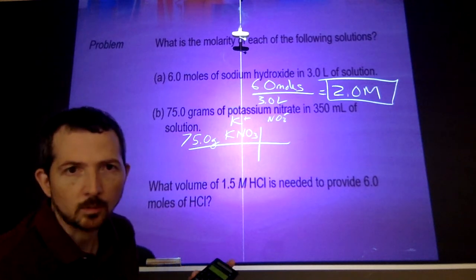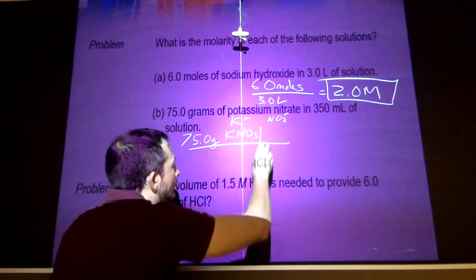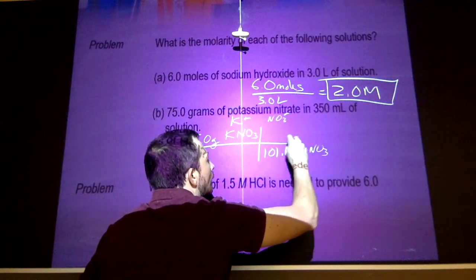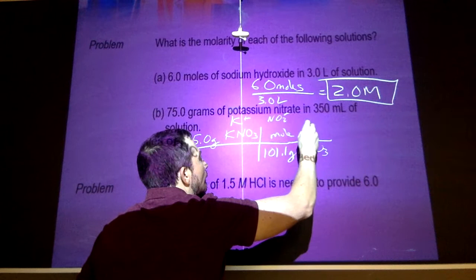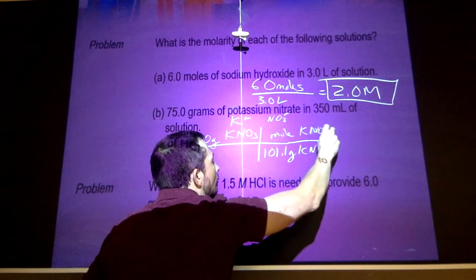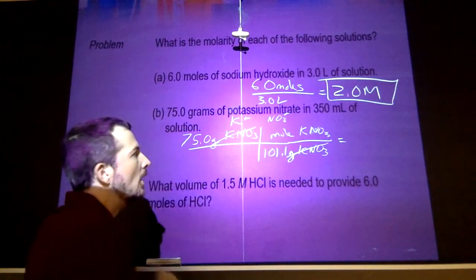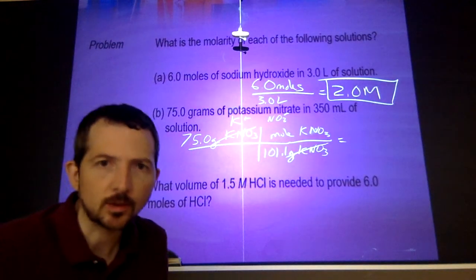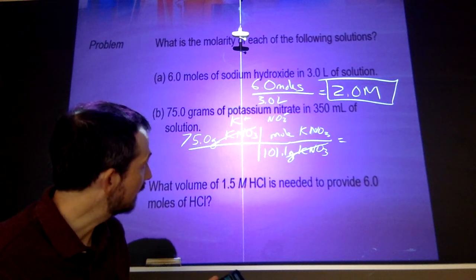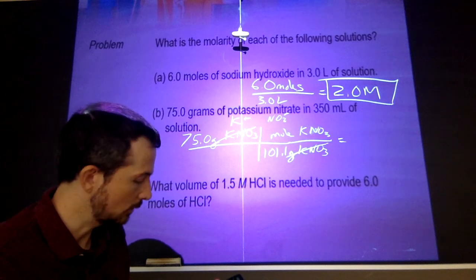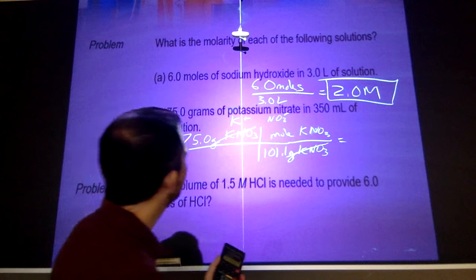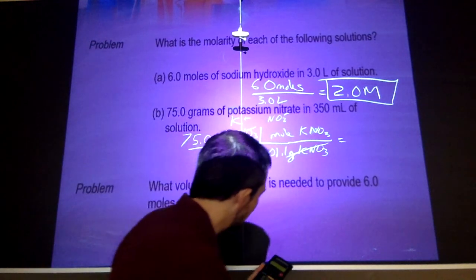So I get 101.1 for the molar mass. So grams cancel out and I'll be left with my answer in moles. So 75 divided by 101.1, so I get 0.74, using 2 significant figures.